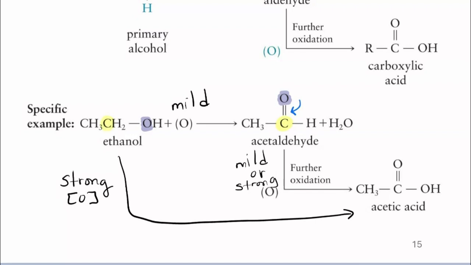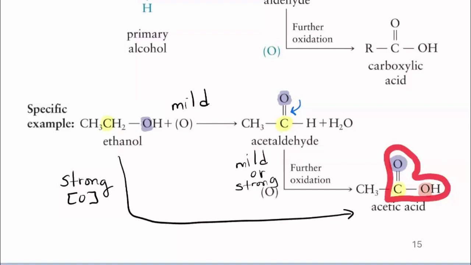Next, if I'm going from the aldehyde to the carboxylic acid, all I'm doing is adding an oxygen atom, specifically in between the carbon and hydrogen in my aldehyde. So we can observe that specifically this oxygen atom was placed next to the side where we have the C double bond O connected to H to make the carboxylic acid.